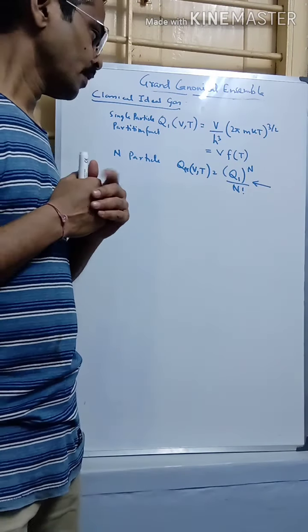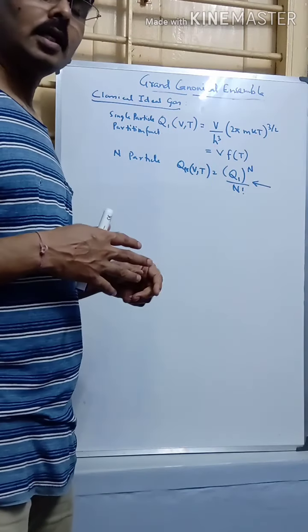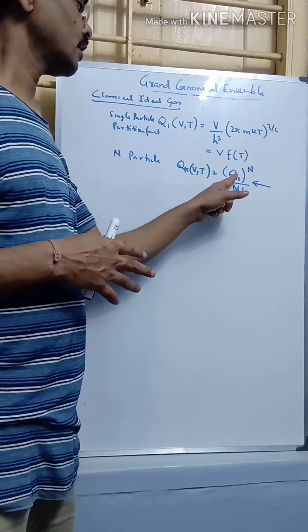That is, if the particles are localized, then we can distinguish them, as we did in the case of statistics of paramagnetism, you remember. So these are the two things which must be kept in mind, because we would be using those concepts later on. So interparticle interaction must be reflected through q1 if that is present, and the indistinguishability of the particles is expressed by dividing the N particle canonical partition function by N factorial.